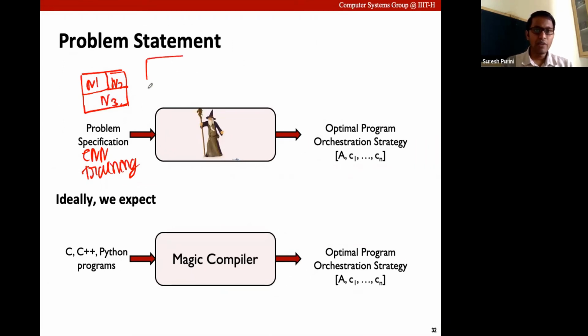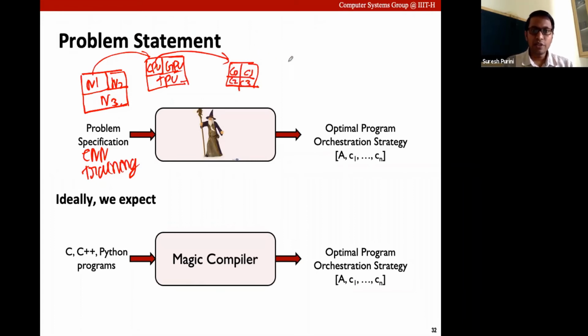And within node N1, you may say this part of the code uses a CPU in some particular fashion, a GPU in some other fashion, and then you may also want to use a TPU. And that CPU, if you think about it, has multiple cores: core 0, core 1, core 2, core 3.